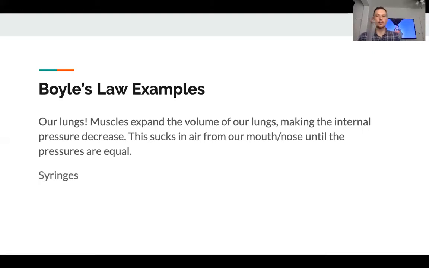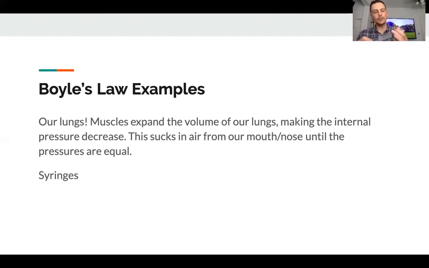Syringes, right, are another great example of this. We've all hopefully seen a syringe at some point. How a syringe works, how you can suck stuff up, is by increasing the volume here. You can increase it by pulling this out and decrease it by pushing it in. There's no needle or anything on this, it's just a little hole.